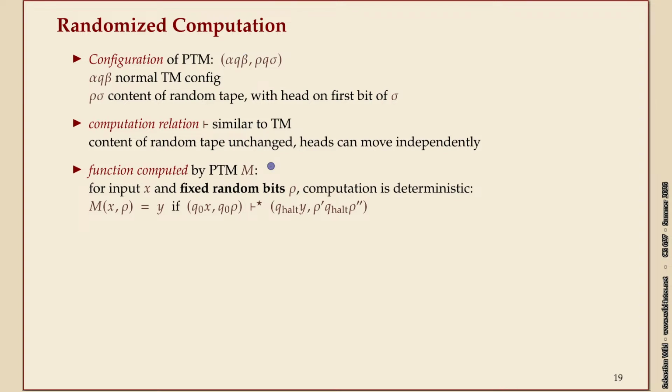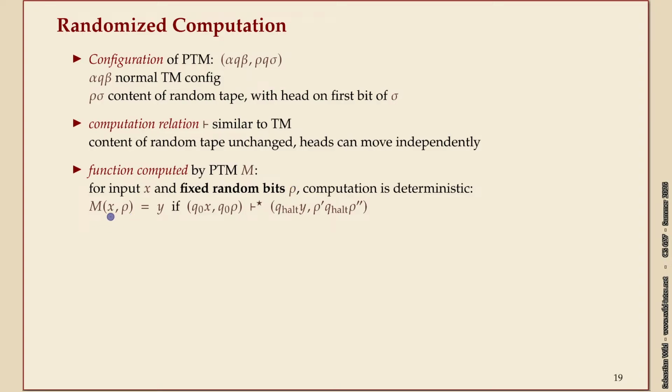And based on that, we can define what is the function computed by a Turing machine. The difference here is that the actual input is just some string x, and we have some random bits to somehow decide. For now, let's say we fix the random bits rho as part of the input.